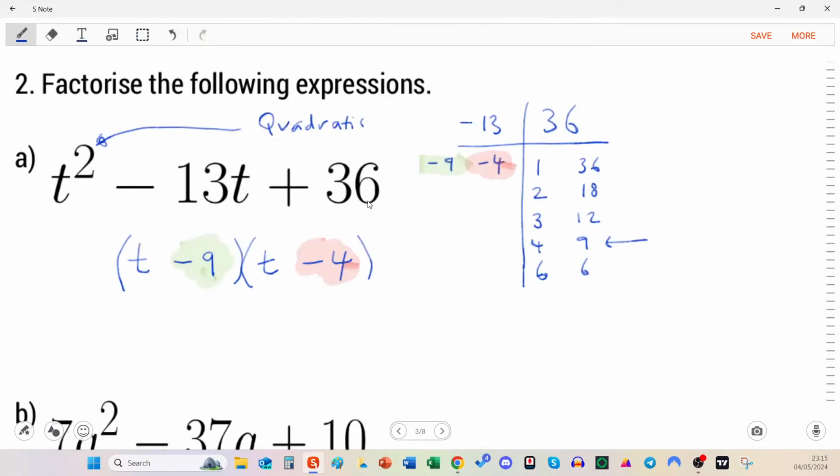There are other ways of tackling this. For example, your calculator. The calculator that I have is a Casio FX991EX. If you go to menu, then down to equation, then 2 for polynomial, and then 2 for degrees, you can then solve the quadratic.